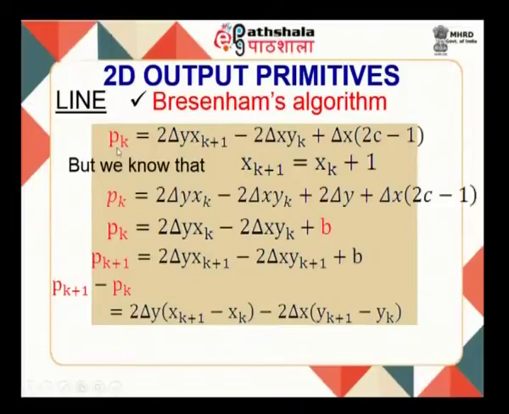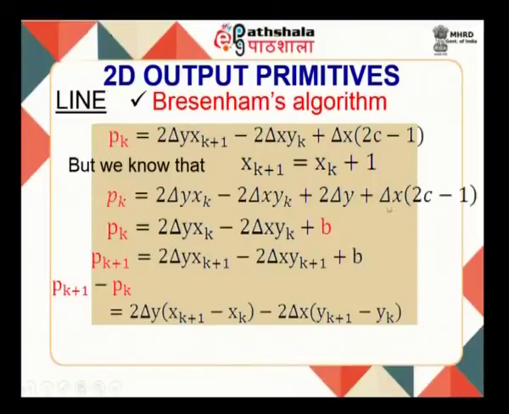So, substitute x k plus 1 for the next x value, and this equation reduces to 2 del y x k minus 2 del x y k plus 2 del y plus del x into 2 c minus 1.